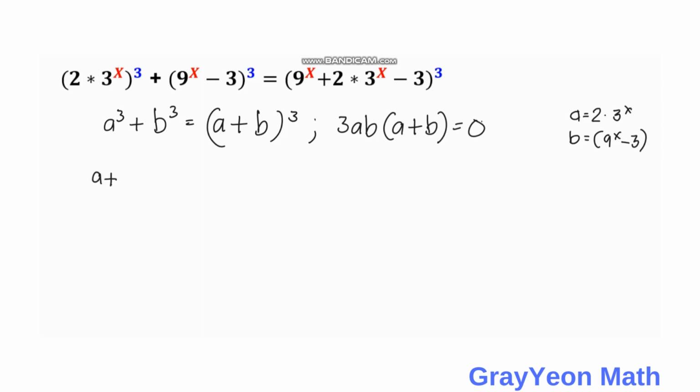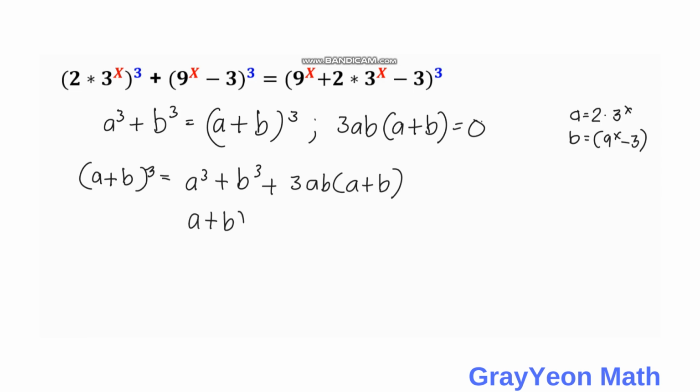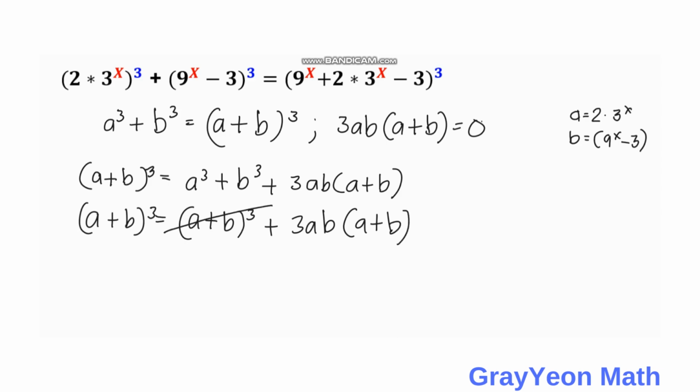We have A plus B cubed is equal to A cubed plus B cubed plus 3AB times A plus B. Based on the equation we got earlier, it is given that A cubed plus B cubed is equal to A plus B cubed. So we can substitute A plus B cubed, and this is A plus B cubed plus 3AB times A plus B. We can cancel this out, and 0 is equal to 3AB times A plus B.